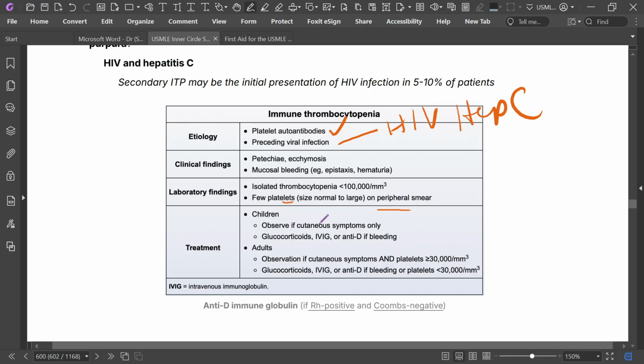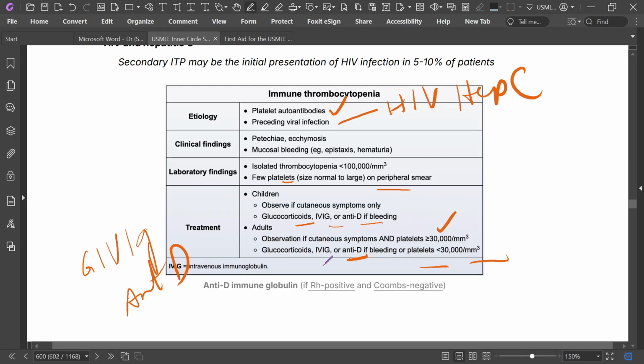Children: observe if cutaneous symptoms only, and glucocorticoid, IVIG, and anti-D if bleeding. For adults, observation if cutaneous symptoms and platelets more than 30,000. If less than 30,000, glucocorticoid, IVIG, or anti-D if bleeding; anti-D if Rh positive and Coombs negative.